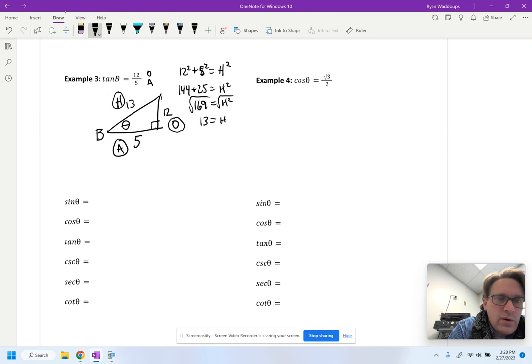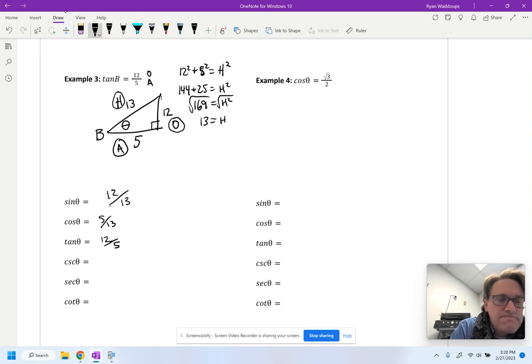And so O over H is 12 over 13. And cosine, that's A over H, that's 5 over 13.